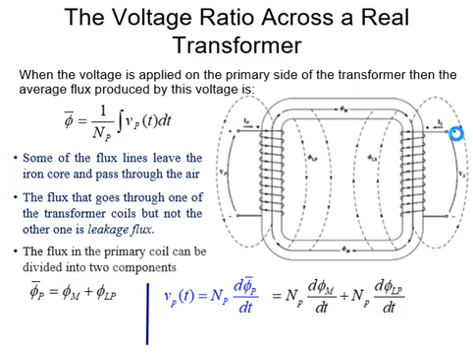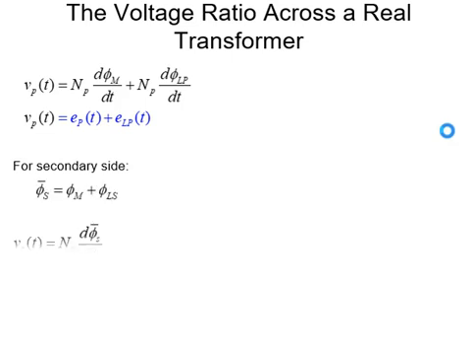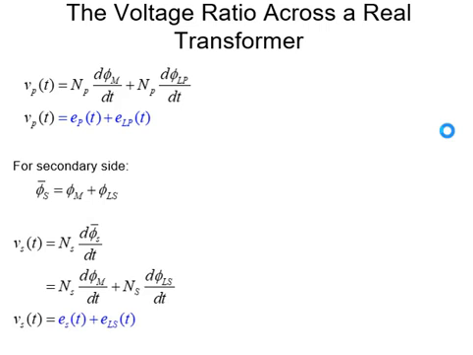The first part deals with the mutual flux, and the second part deals with the leakage flux. It can also be written as EPT and ELPT. First two equations are the same as we discussed on the previous slide.